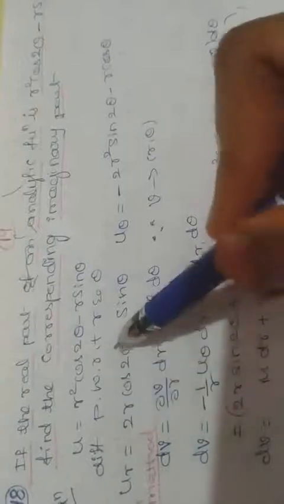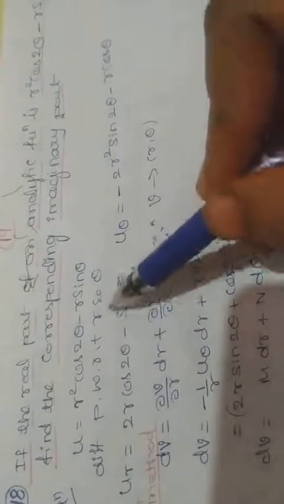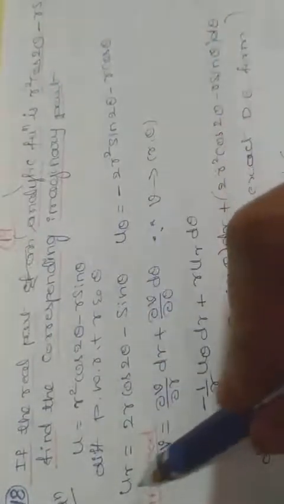If you differentiate partially with respect to r and theta, because we want u_r and u_theta. So u_r is 2r cos 2 theta, since cos 2 theta is a constant, minus sin theta, since r differentiates to 1.